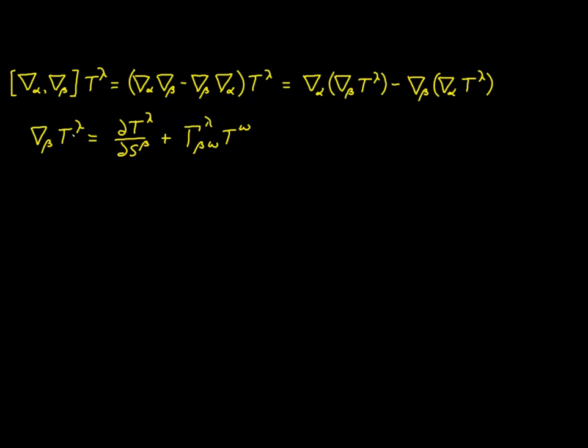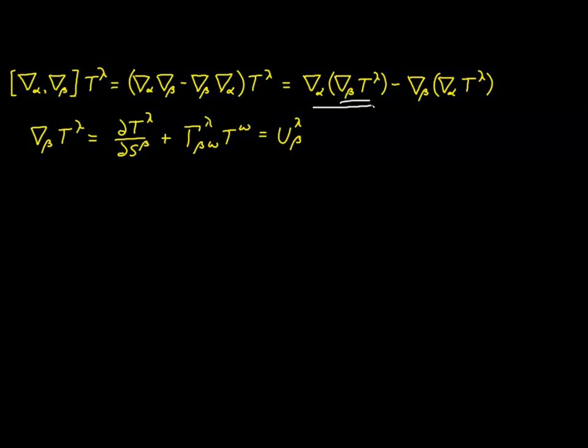So we started with a first-rank tensor here, but taking the covariant derivative now creates a second-rank tensor. So to make it easier to see where we're going here, let's equate this to the expression u lambda beta. We'll define u lambda beta as this expression right here to emphasize the fact that this operation creates a second-rank tensor.